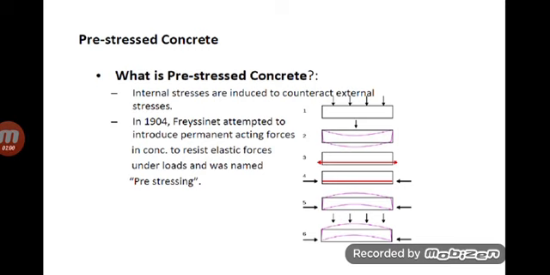So in figure 2, due to external dead and live load, the beam will bend in downward direction. And in figure 5, due to pre-stressing force, the beam will bend in upward direction. So what will happen is, due to the downward and upward bending, the stress in the beam will get nullified, means will get balanced. That is what pre-stressed concrete is.